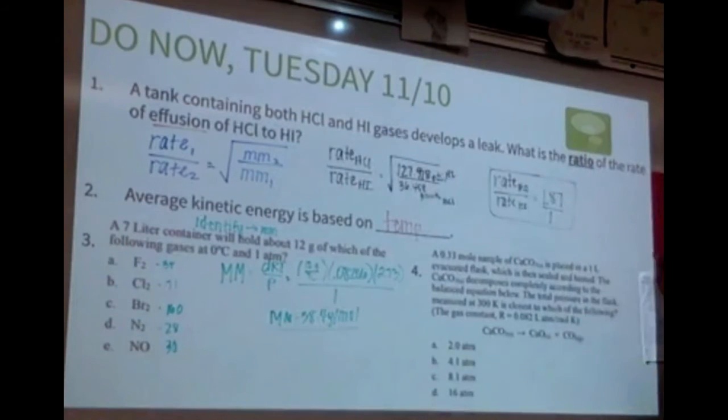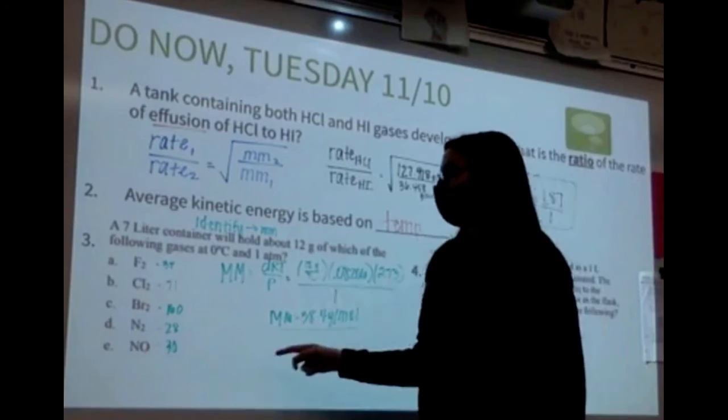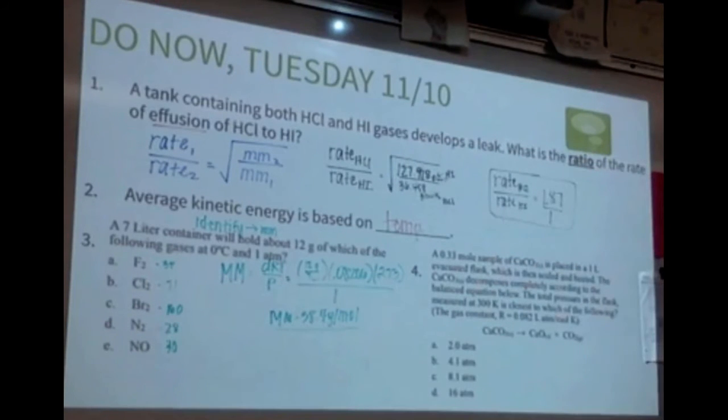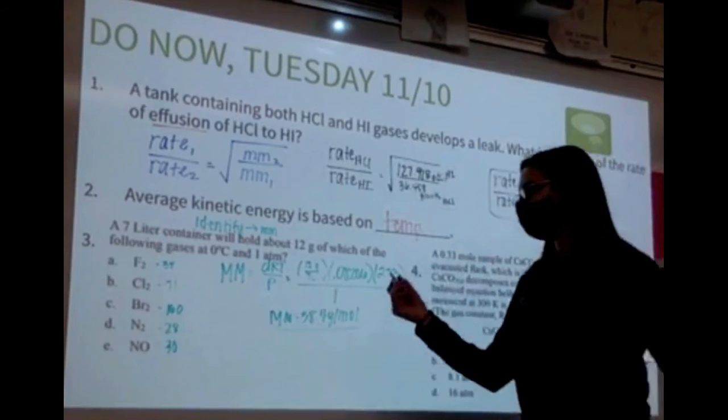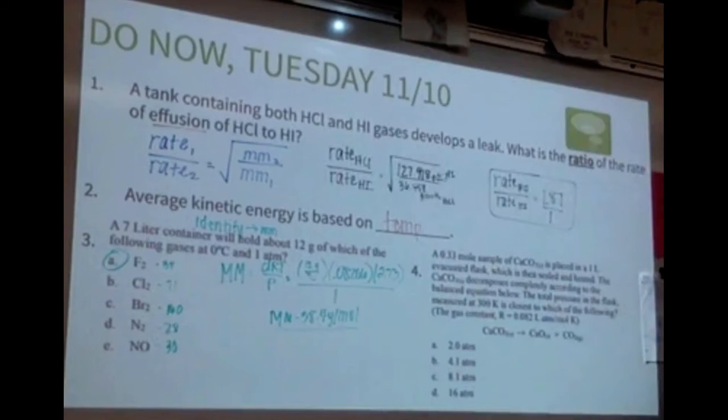I know that I didn't go out to all of your sig figs. I just did quick times 2. So which one of these gases has a molar mass closest to the one that we calculated? A. When you want to identify a gas, calculate its molar mass. It's the best way to identify an unknown.